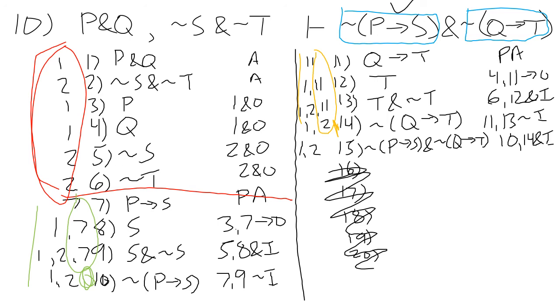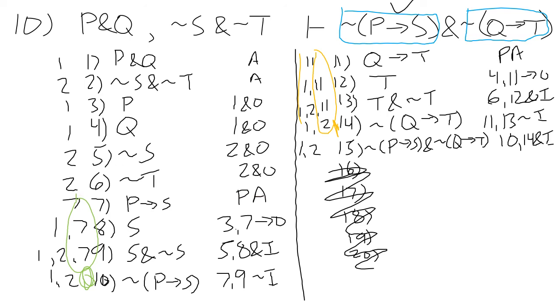We could have made our PA up here at 3, then we would have had to break stuff down, and then it would have been a little bit longer on this side, and then we would just have to do the opposite thing on that side. It doesn't really matter the order in which we do stuff, as long as we do it accurately using the rules correctly. So, but that is problem 10.